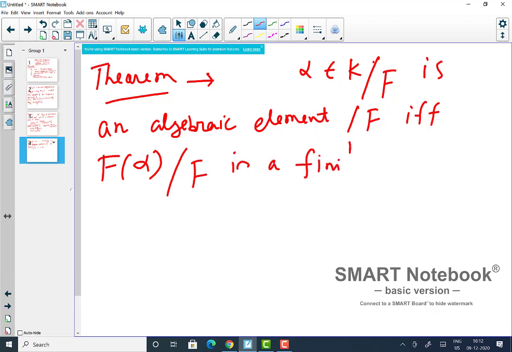What does that mean? This is a finite dimensional vector space over F.